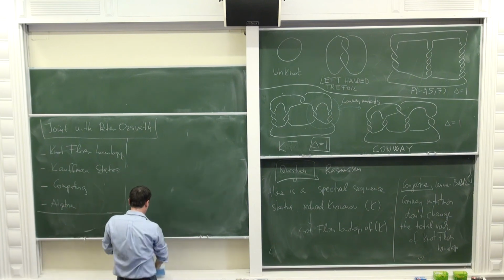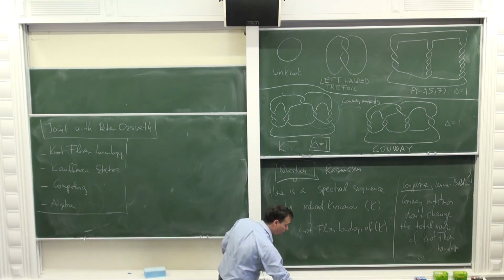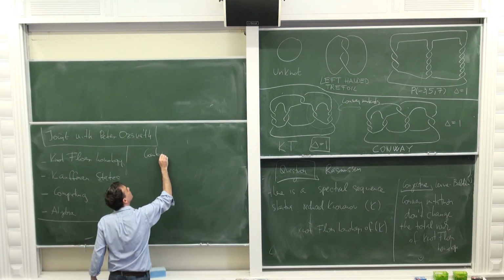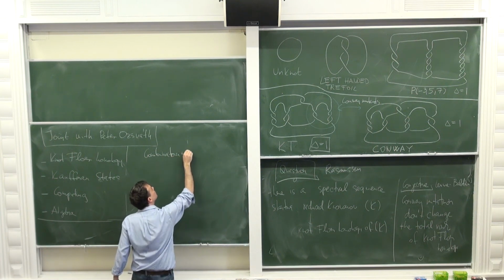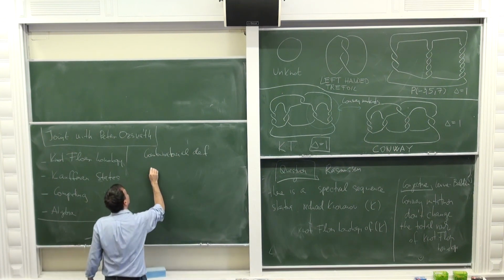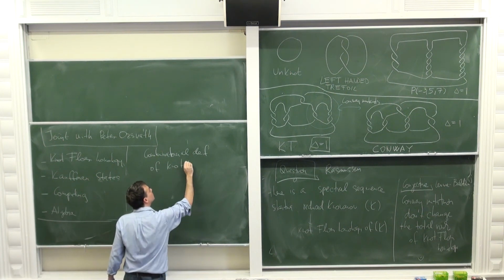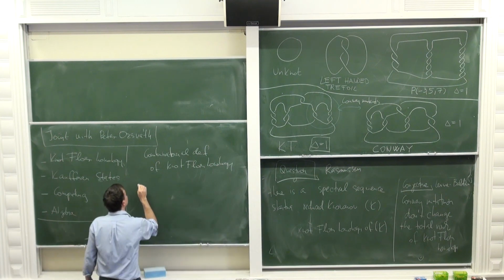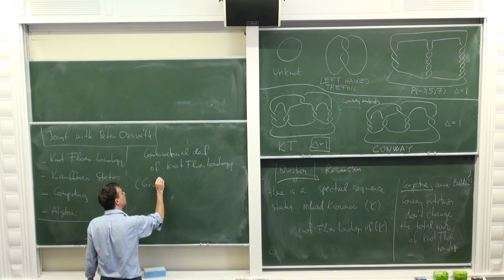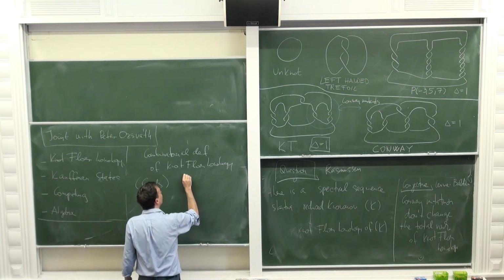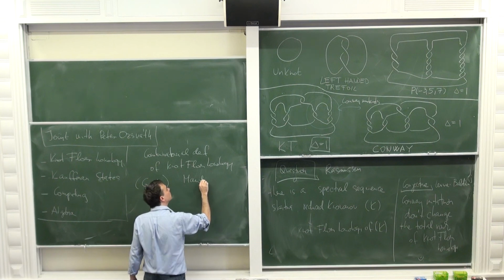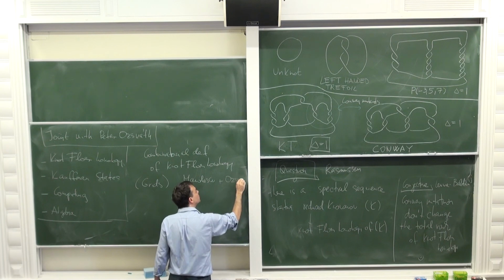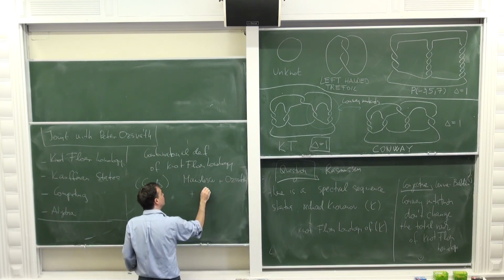So if you see this the first time, I'd like to mention that there is a combinatorial definition using grids, and this is due to Manolescu, Ozsváth and Sarkar.